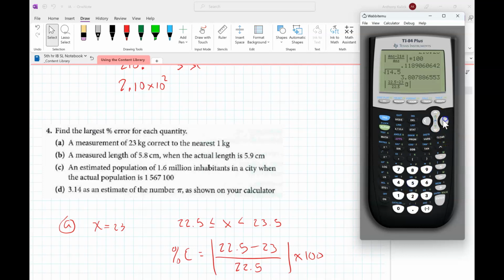That might save us some hassle. So 2.22% approximately would be our maximum error.